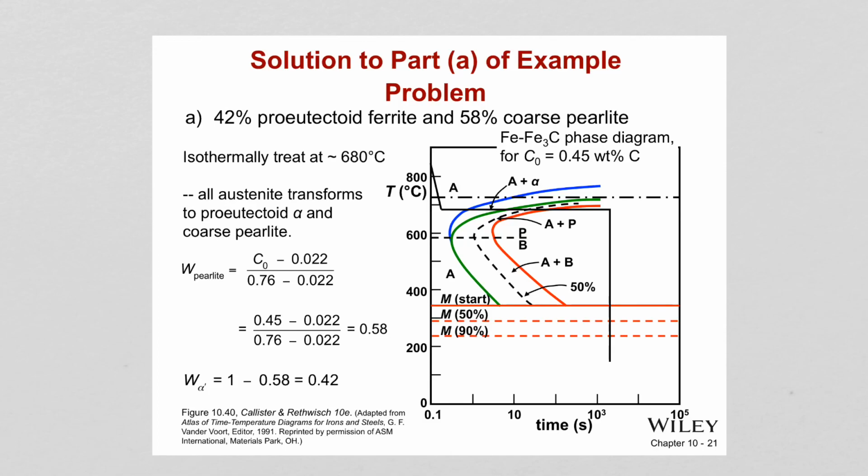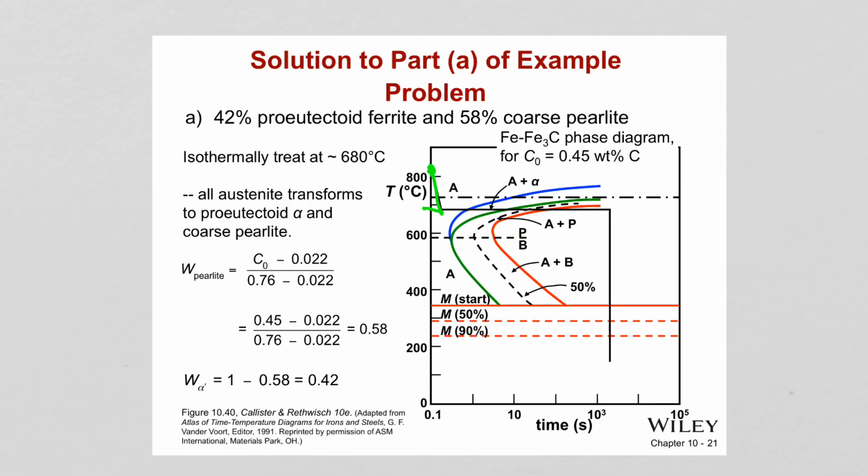So what we need to do is cool it slowly to achieve the structure, because we want coarse pearlite. First we start above the eutectoid temperature. We go below the eutectoid temperature, to 680. Now we need to do slow cooling to achieve the pearlite structure, right?